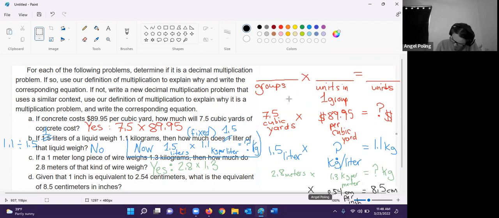And so they're asking us about this location here for the number of inches. And so no, they've given us a division problem of 8.5 divided by 2.54.